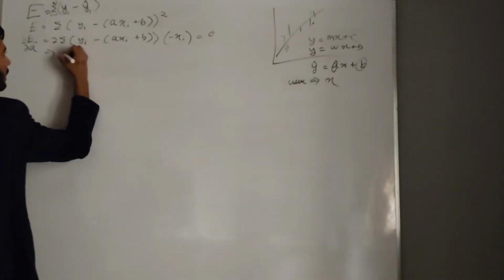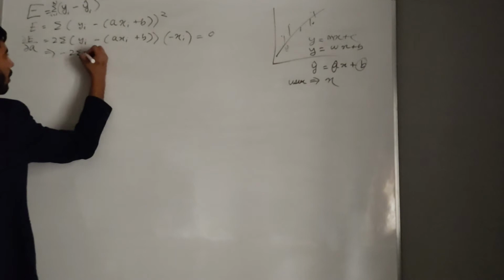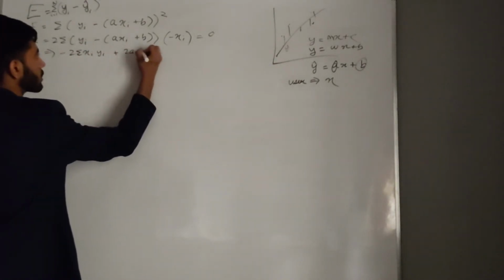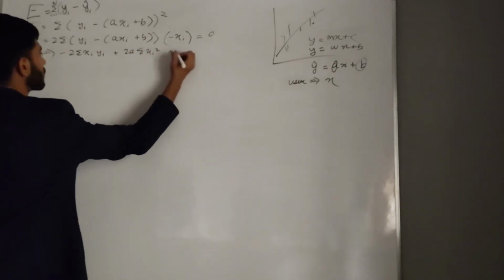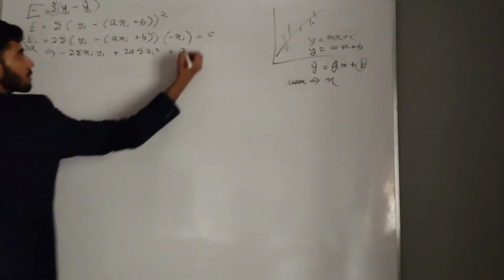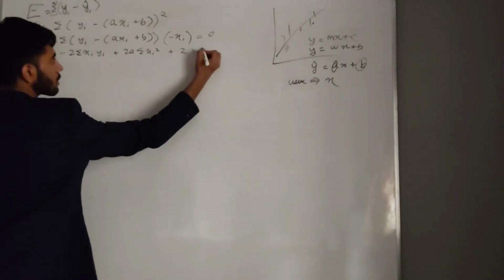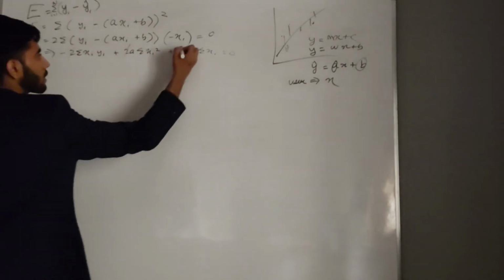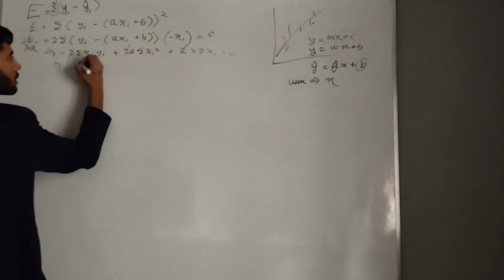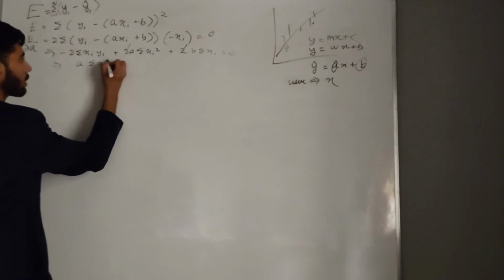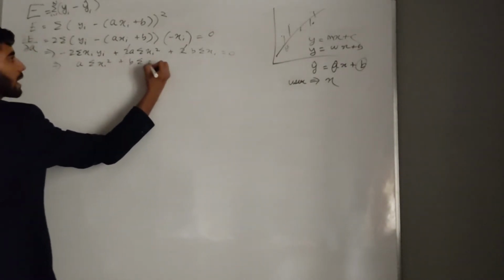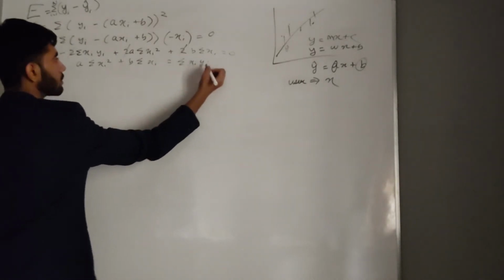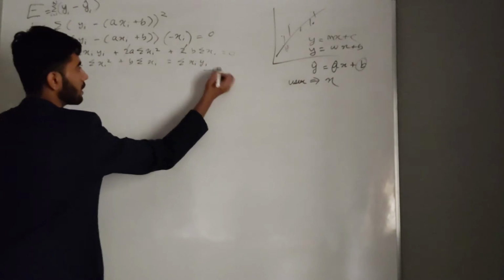So I'm going to get minus 2 summation of xi yi plus 2a summation of xi whole square plus 2b summation of xi equal to 0. The 2s are going to get cancelled, and I'm going to get the final equation as a summation of xi square plus b summation of xi is equal to summation of xi yi. This is going to be my equation number 1.